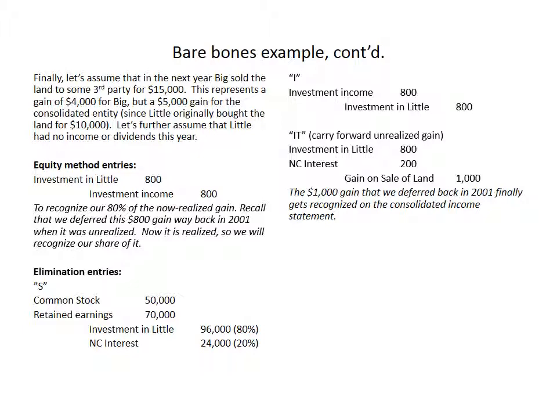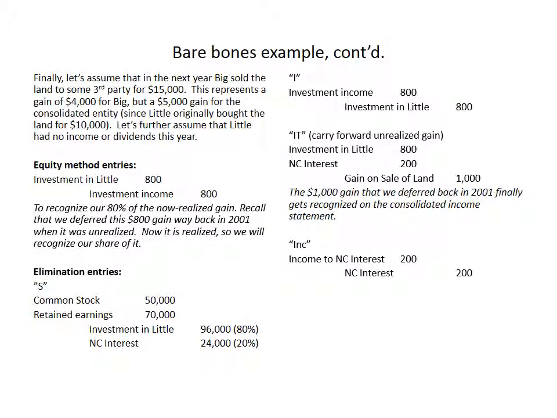That way, on our consolidated income statement, BIG is going to report a $4,000 gain on sale because they sold it for $15,000 and their cost was $11,000. Plus, we're also going to add the $1,000 gain from when Little sold it to BIG, at a $1,000 profit.